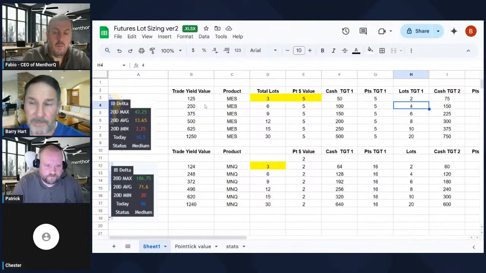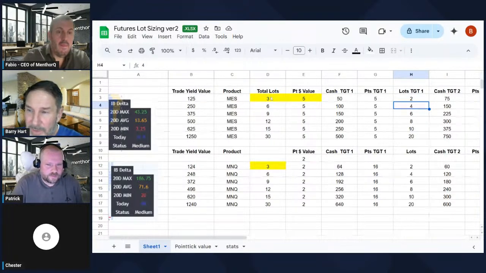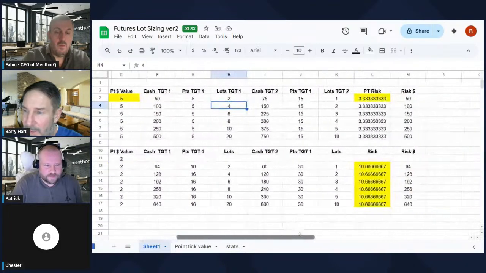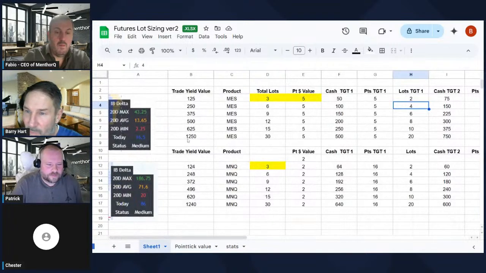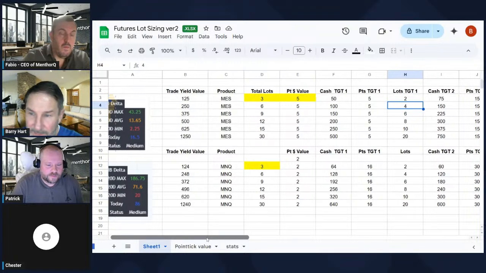That's just good math. But if I keep doing that, I can scale it up, just like you're saying, the employees are in column D. It's just the number of contracts I'm trading. The more contracts I trade, the more my trade yield value is, but the math stays the same all the way across. I'm going to lose 500 if I lose, and I'm going to win 1250 if I win. And I usually win about 70% of the time.